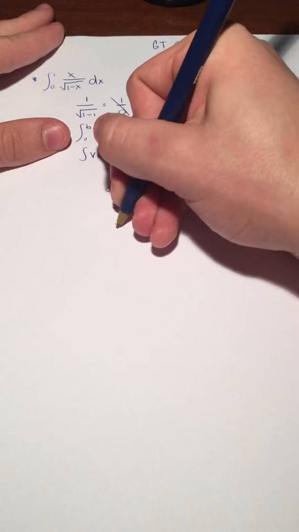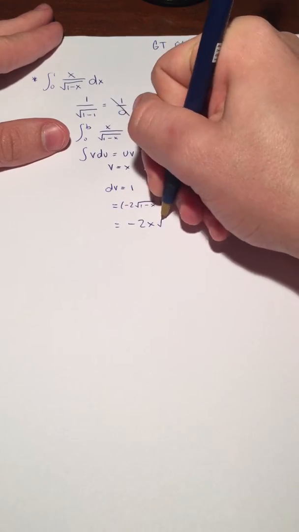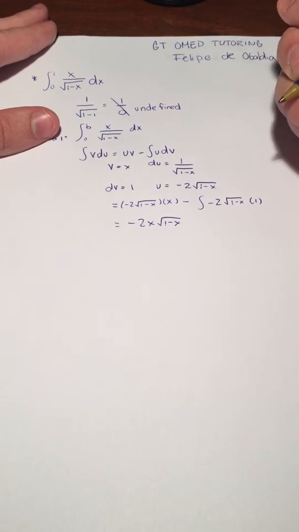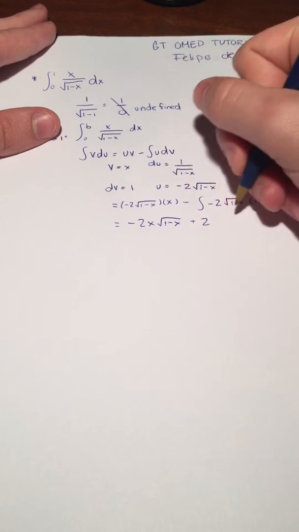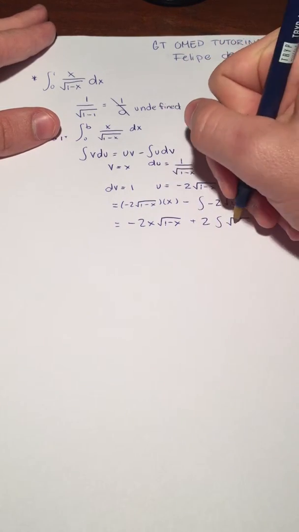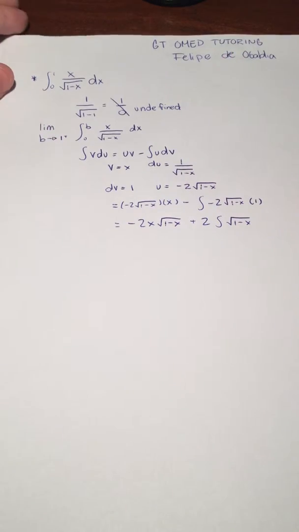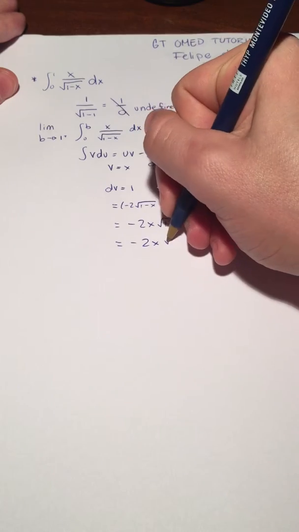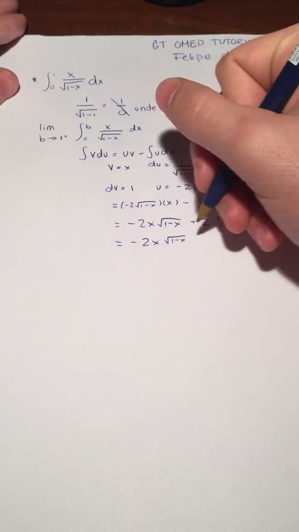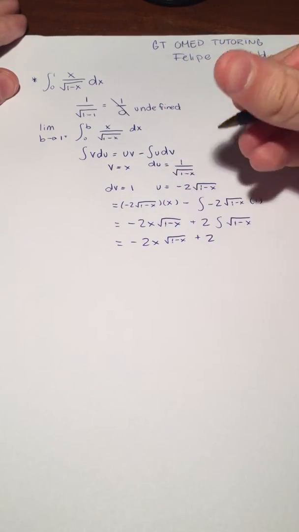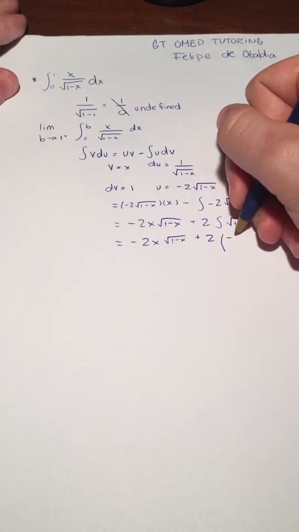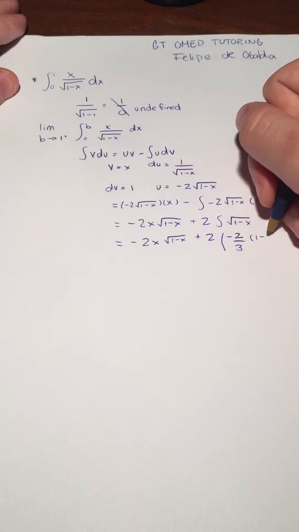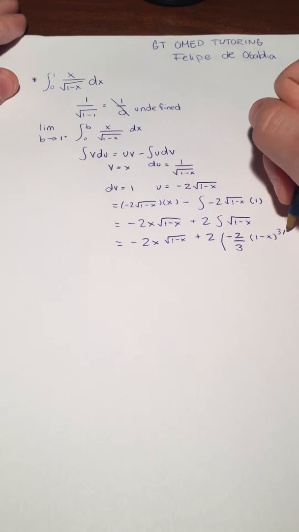So now we can make our expression a little bit prettier. We take out the minus 2, we get plus 2 integral of square root of 1 minus x. So now we integrate again. 1 minus x plus 2, and the integral is going to be minus 2/3 times 1 minus x to the 3/2.